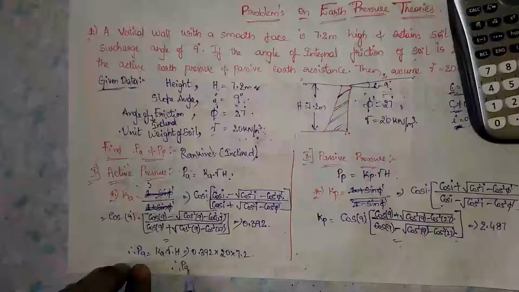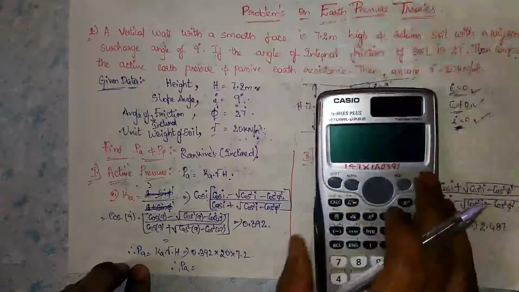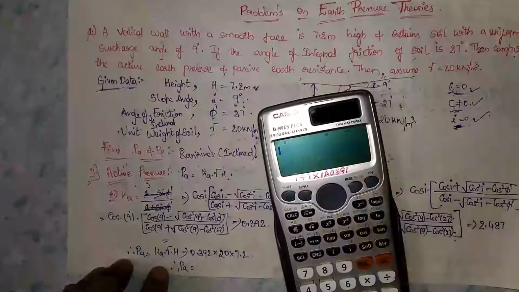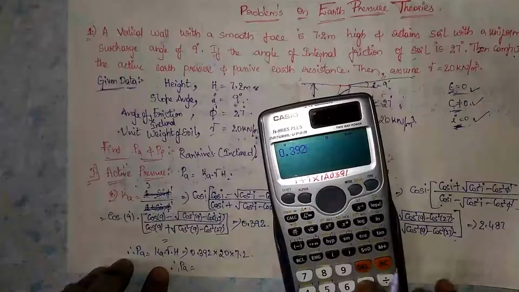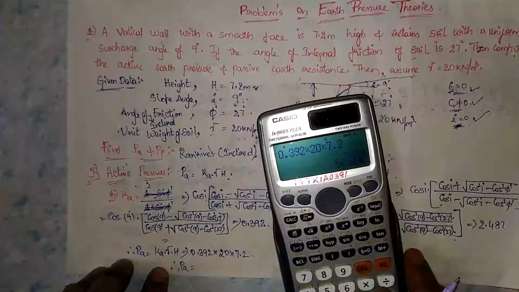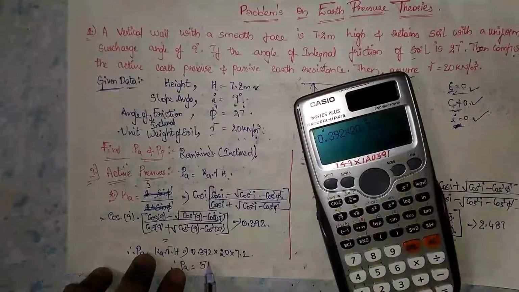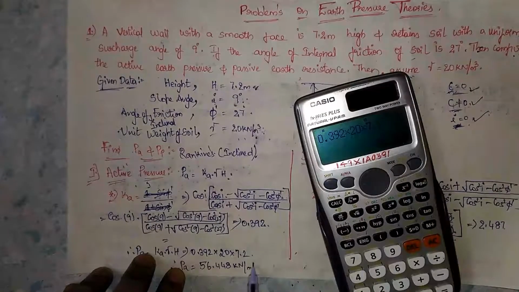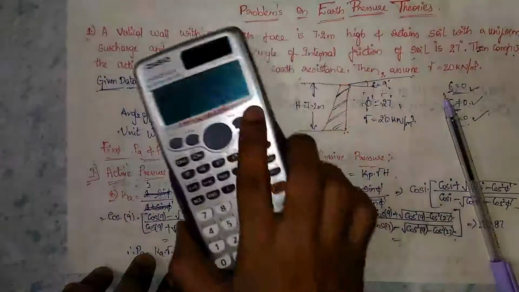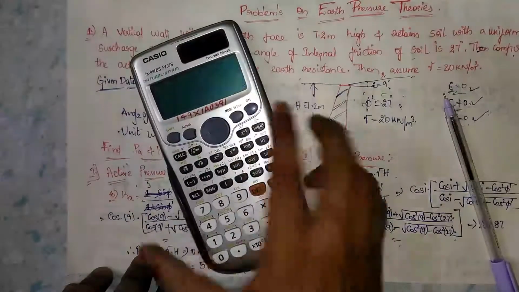Therefore Pa equals 0.392 into 20 into 7.2. So we got the answer as 56.448 kilonewton per meter square. So how is this kilonewton per meter square? Check the answer here, 56.